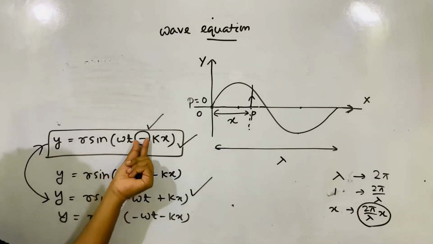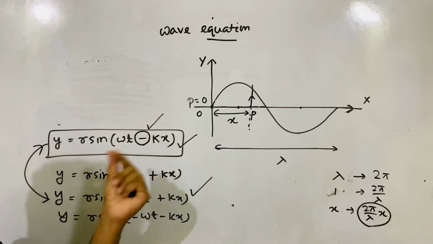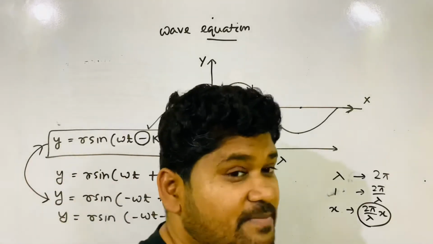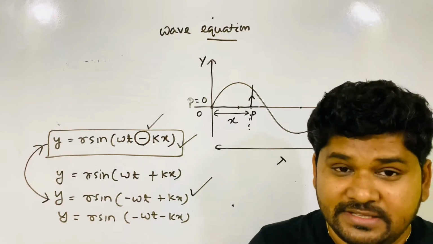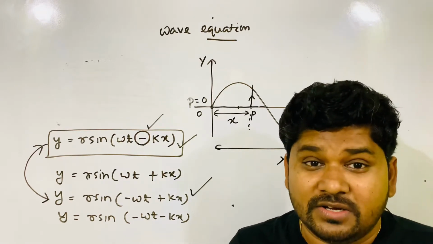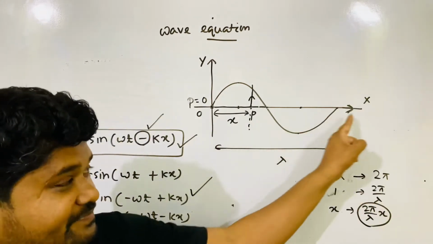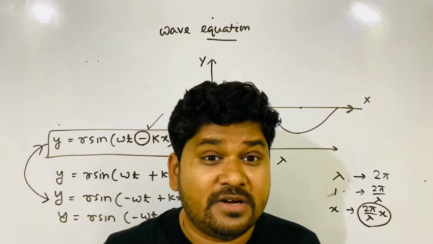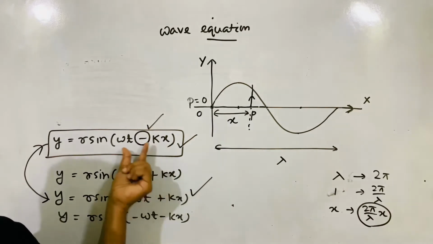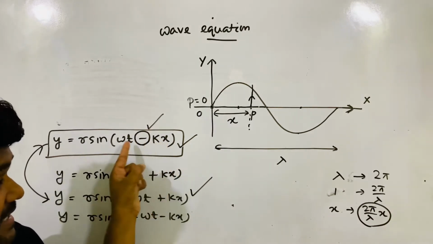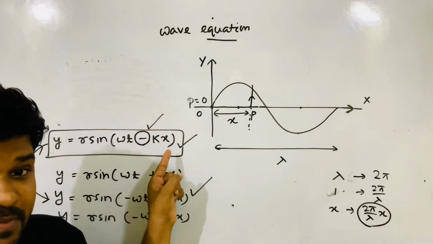If either one is minus, then remember the wave propagates along positive x-axis. And the variable inside the bracket with the sign is the axis of propagation, the direction of propagation.